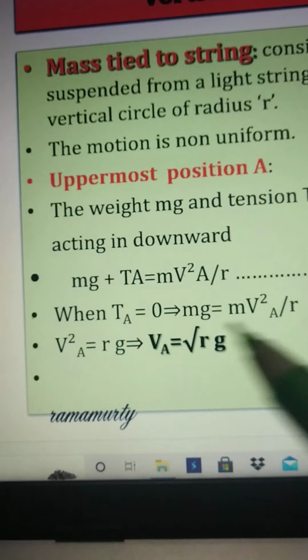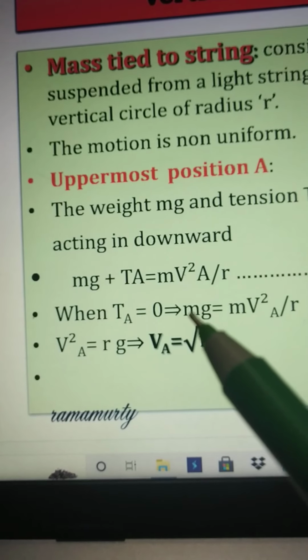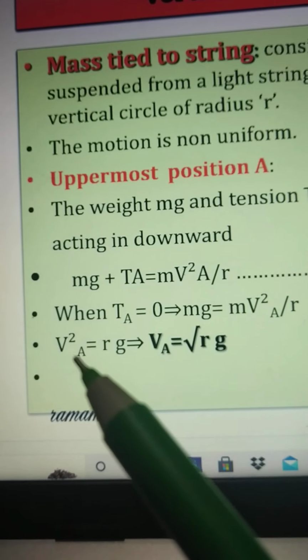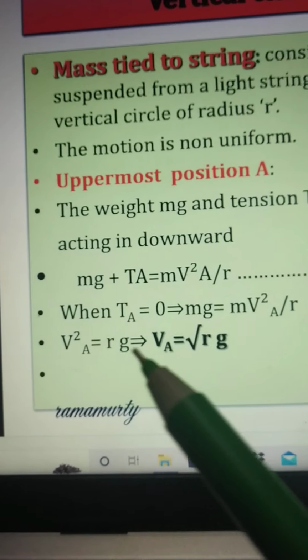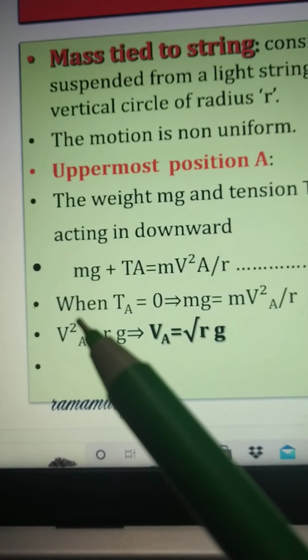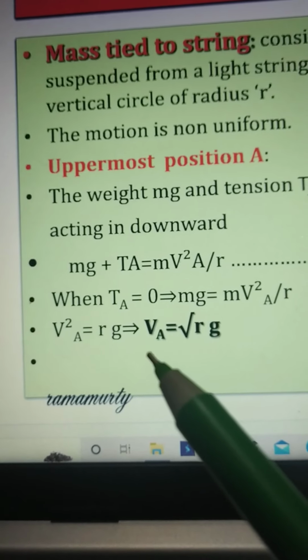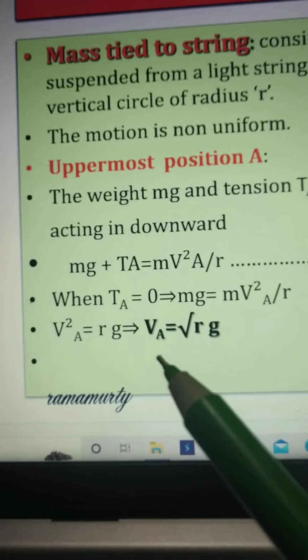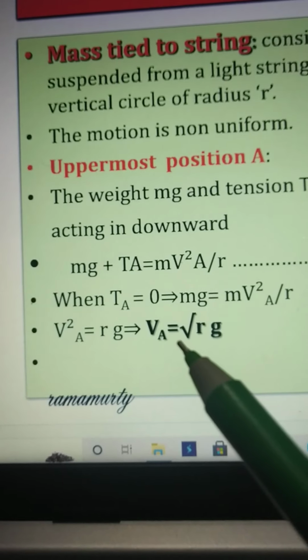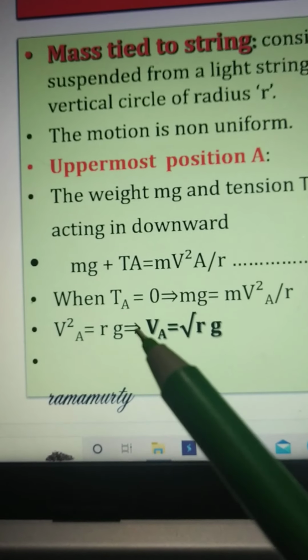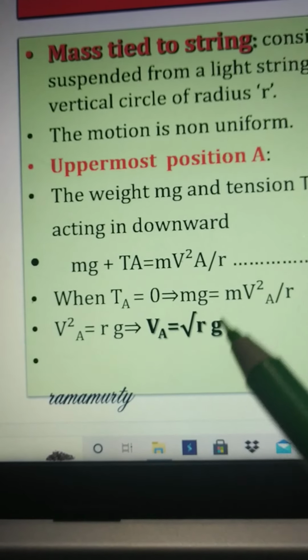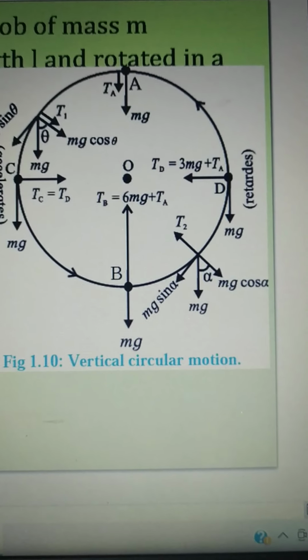The denominator R comes to the numerator on the other side, so v square A is equal to Rg, and taking the square root, we get the speed or velocity of the mass: vA is equal to root of Rg.